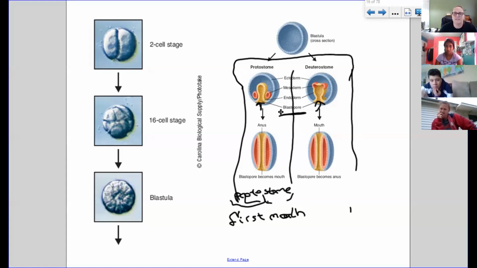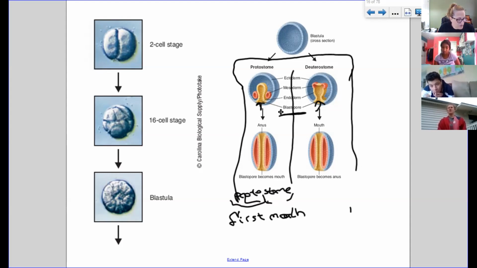Right where my finger's touching, that's gonna become your mouth first if you are a protostome. So the first thing that forms right where my fingertips are touching is going to become the mouth, and then when this comes all together, where my wrists are, that would be my anus if I was a protostome.